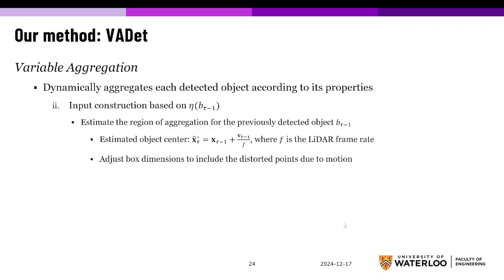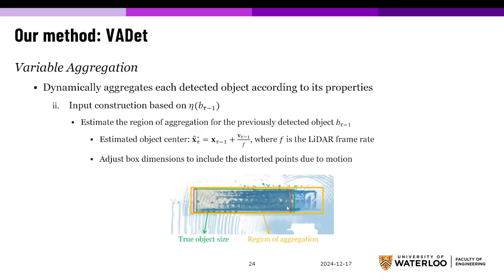To include that smudge, we also want to adjust the bounding box dimension so that after aggregation, we not only aggregate what we think the object is. For example, in this case, the green box represents the true object size. But because this object is moving, we want to aggregate not only within the true object bounding box region, but we also want to include the trailing smudge, the distortion from motion as well.